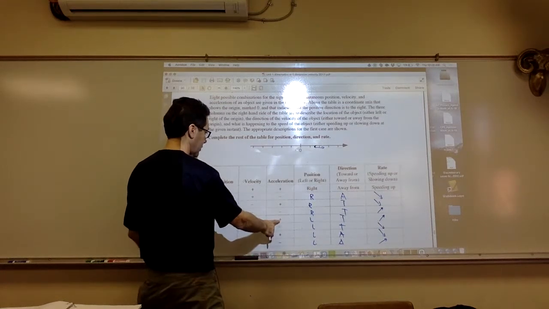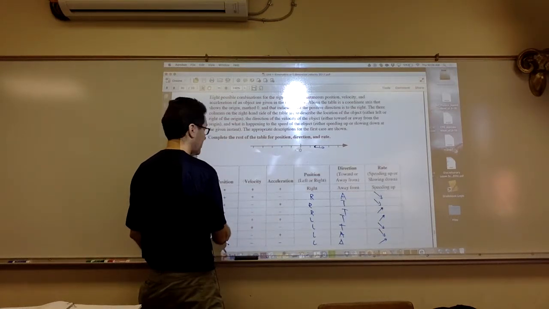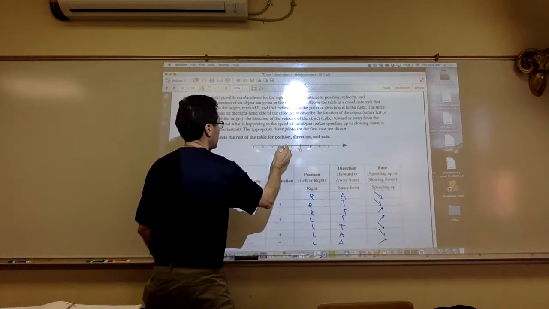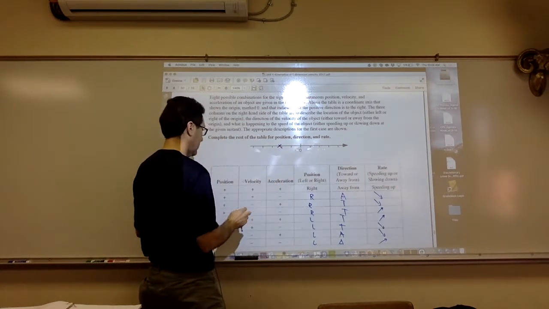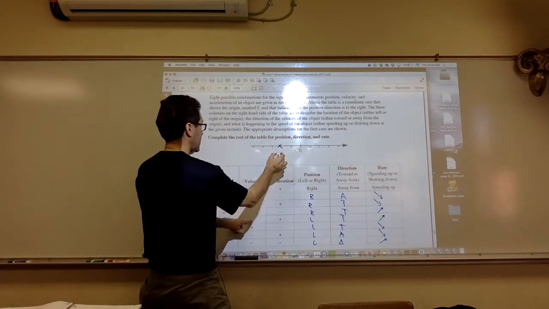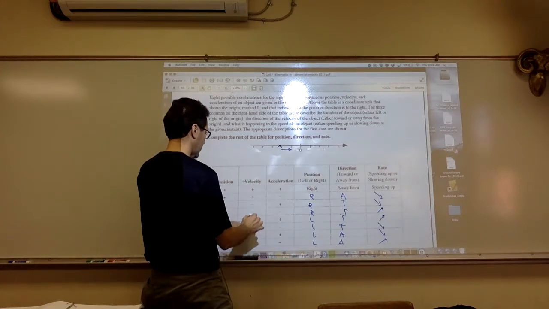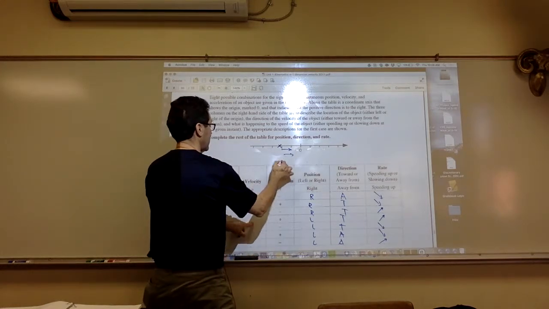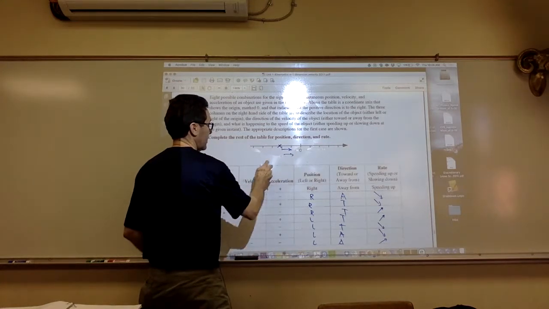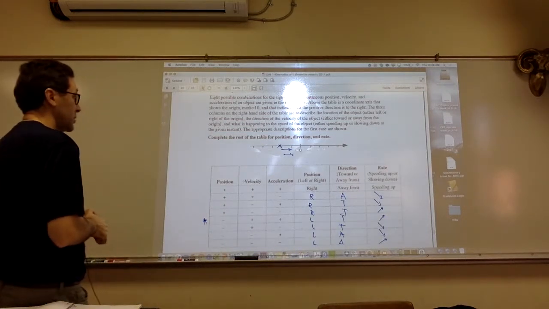So here your acceleration is positive, your velocity is positive, and your position is negative. So let's try that. You started here, your velocity is positive, which means you're going in that direction, and your acceleration is also positive. So when the acceleration and the velocity are in the same direction, it means you are speeding up.